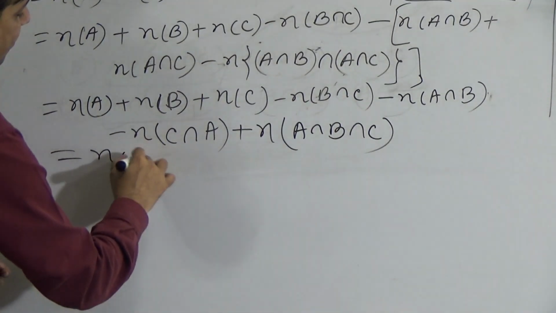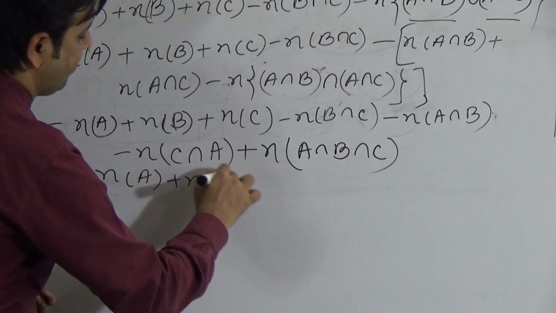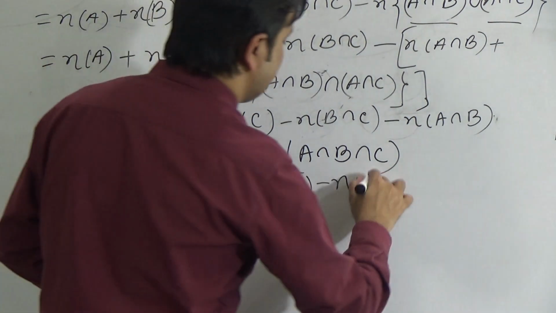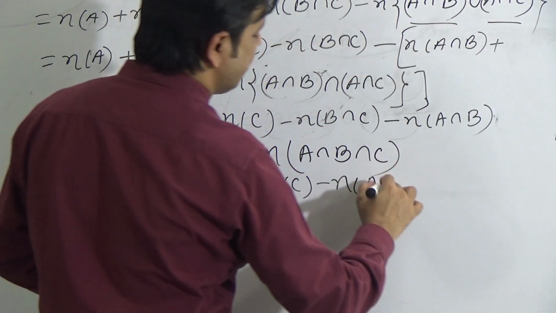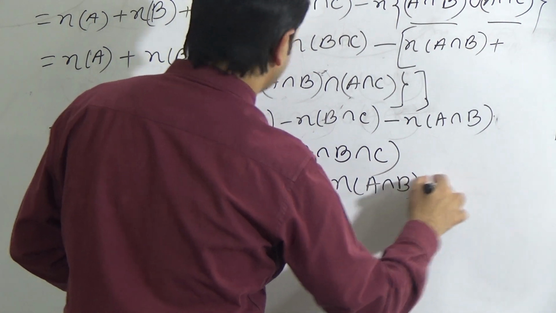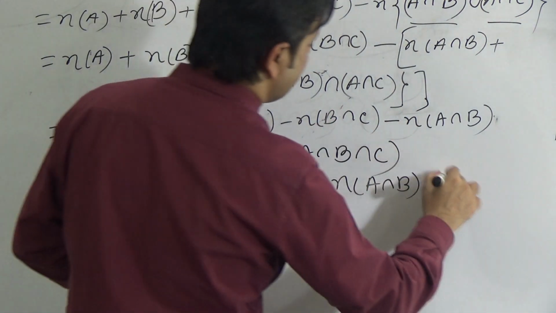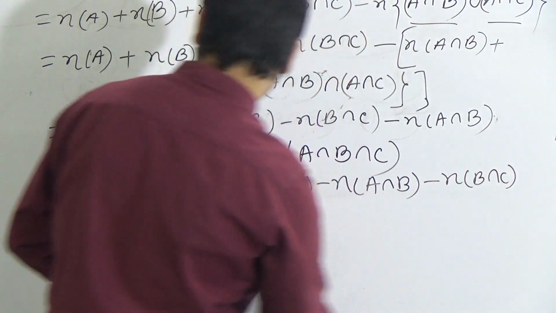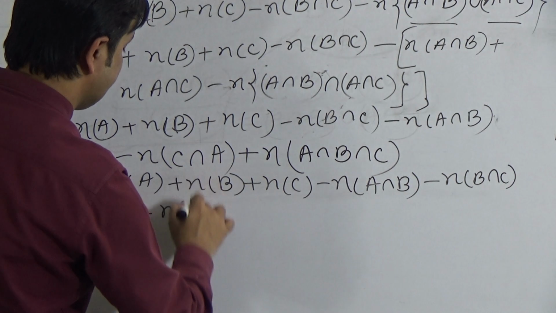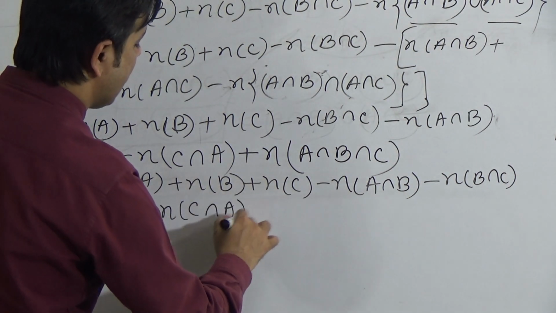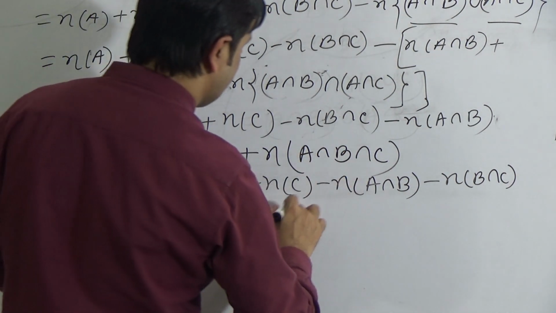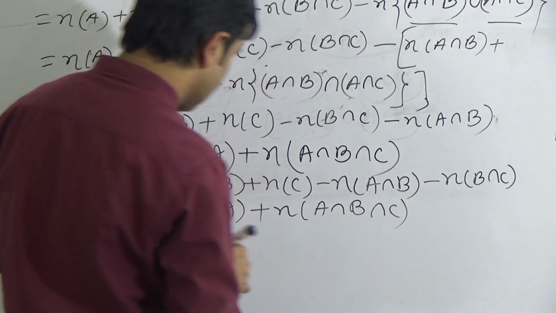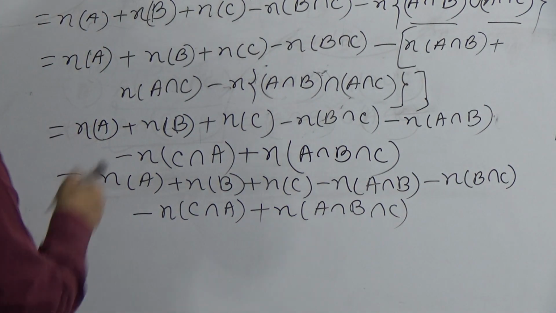Number of elements of A plus number of elements of B plus number of elements of C. Then minus number of elements of, at first I will write A intersection B, then minus number of elements of B intersection C, minus number of elements of C intersection A, and then plus last one, that is number of elements of A intersection B intersection C. So I think proof is done. You can match with the given question.